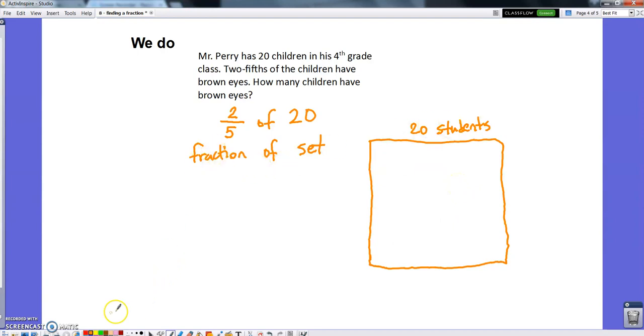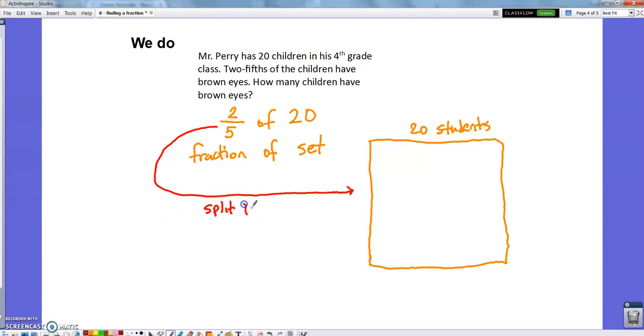Since the fraction in the problem is fifths, I'm going to split it into fifths. I pick to split it into fifths because my fraction in the problem has fifths.